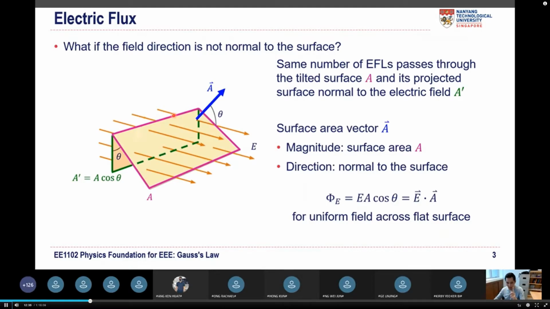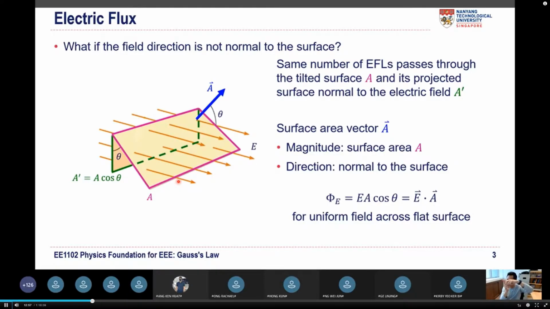So if the area vector and electric field are pointing in the same direction, then the flux is given by simply multiplying the electric field with the size of the area.